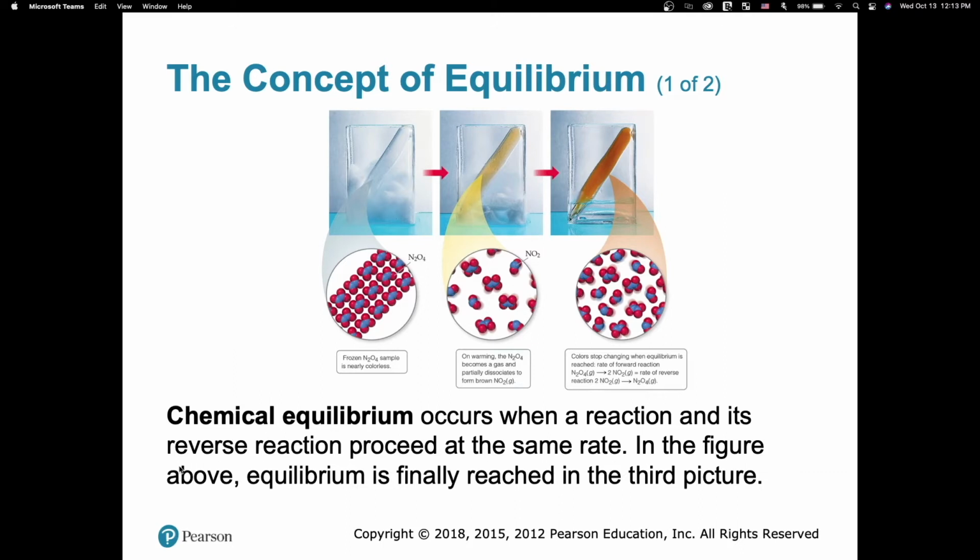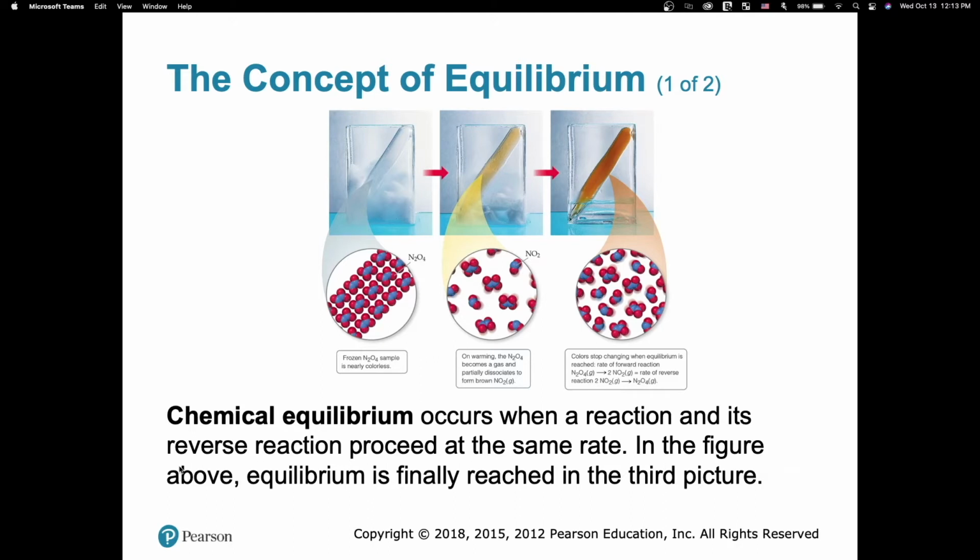Up until now, you've been taught that this reaction, dinitrogen tetroxide going to nitrogen dioxide, goes 100%, where you won't have any more of the reactant and you only have products left over, right?